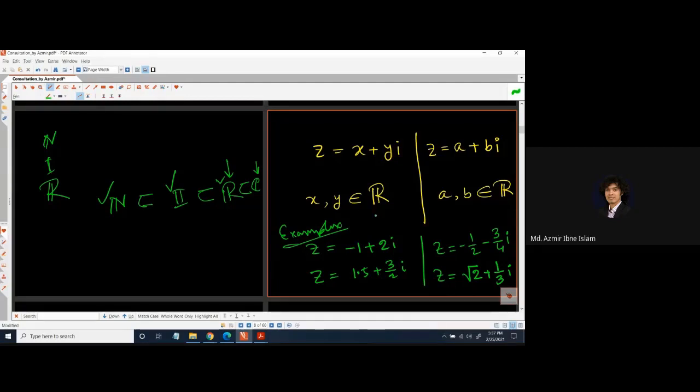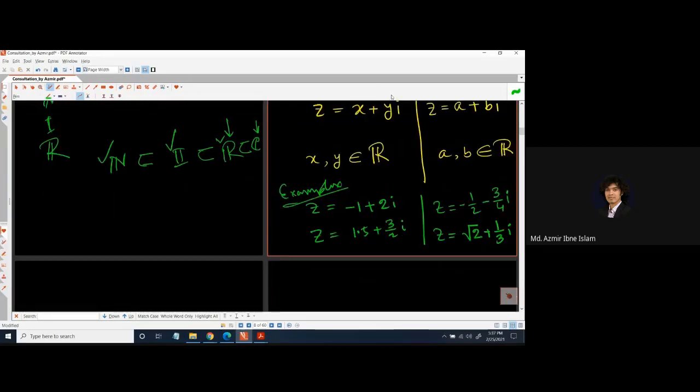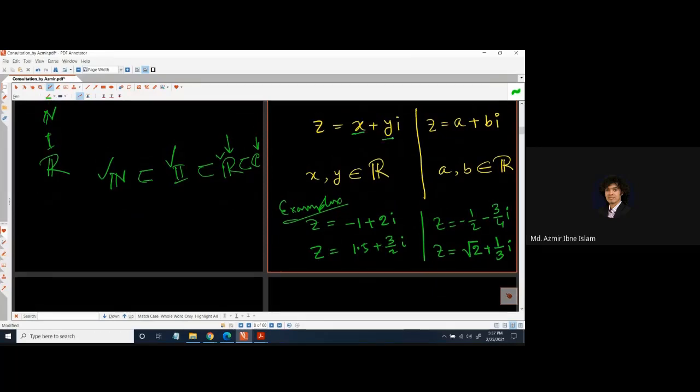So now we can see that the components x and y, both of these are coming from the real number set. That means these are real numbers. So we have to know what is a real number. So real numbers are 0, 1, 2, 3, -1, -2, -3, up to -infinity, and on the right side up to +infinity.